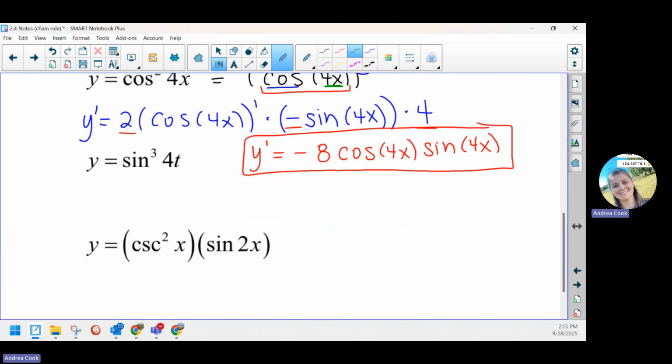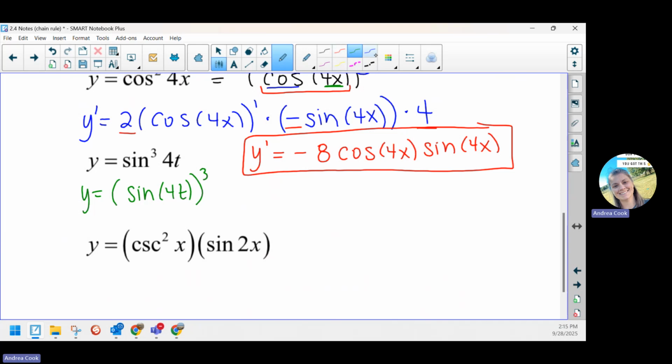Right. Now this next one here, I'm going to rewrite again as sine 4t all to the third power. That just helps me to see that it's chain rule.